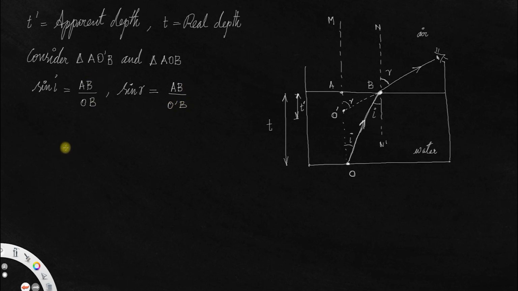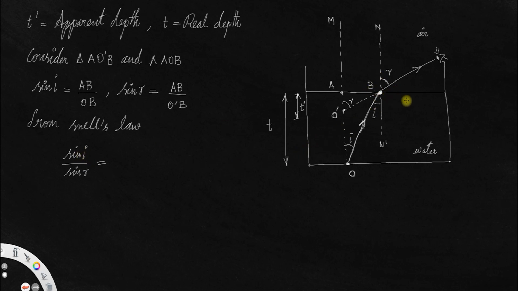Okay. Now, from Snell's law, we have sin I divided by sin R is equal to a constant, and that constant will be the refractive index. See, there is a condition.